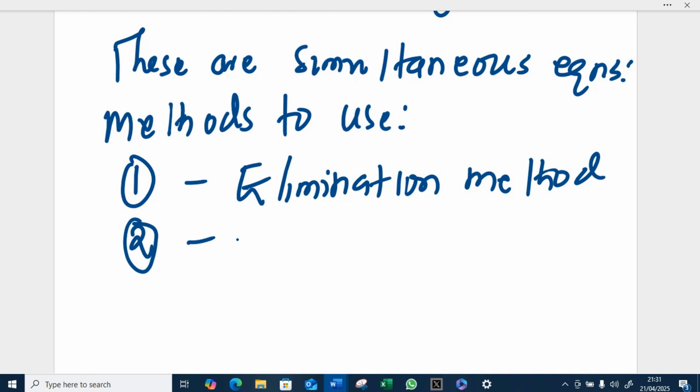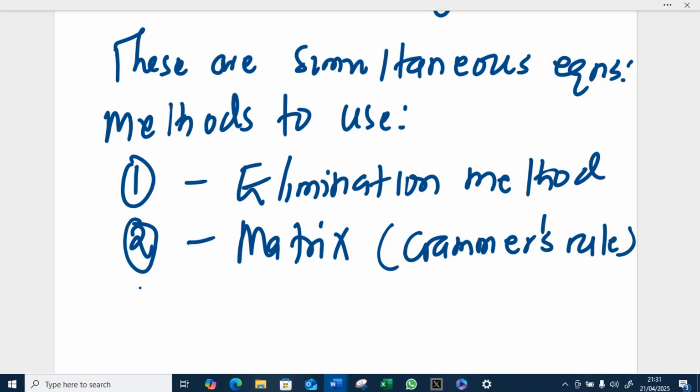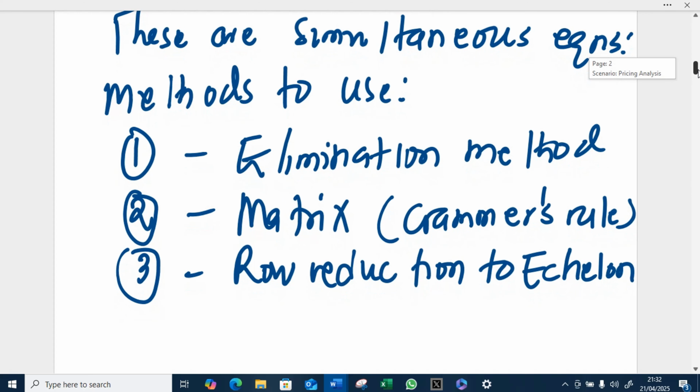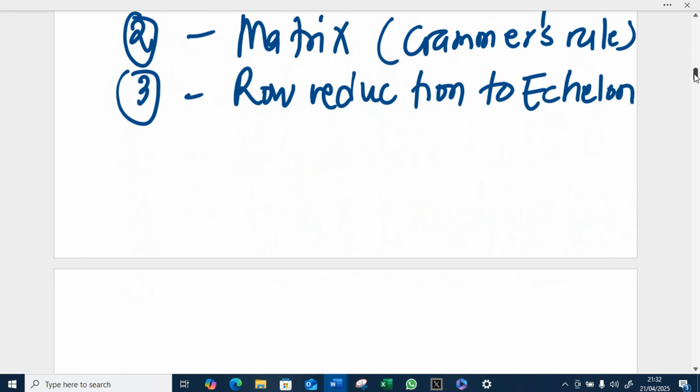Then next is matrix, where you can use Cramer's rule. Then number 3, we can use row reduction to echelon, and there are many others. This row reduction or echelon is actually what we also call Gaussian elimination.